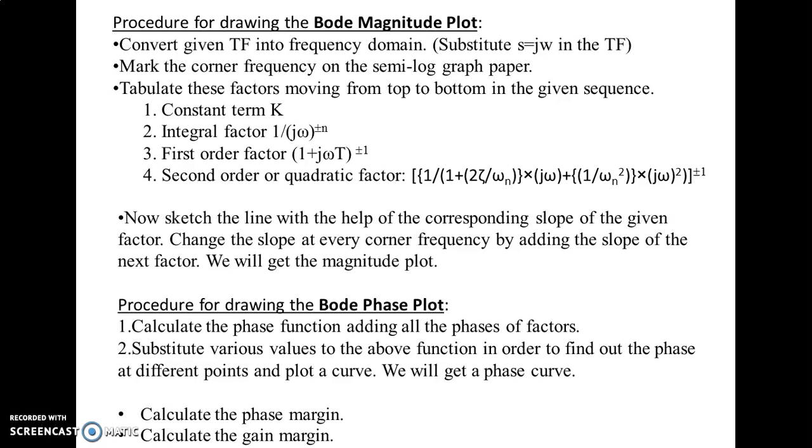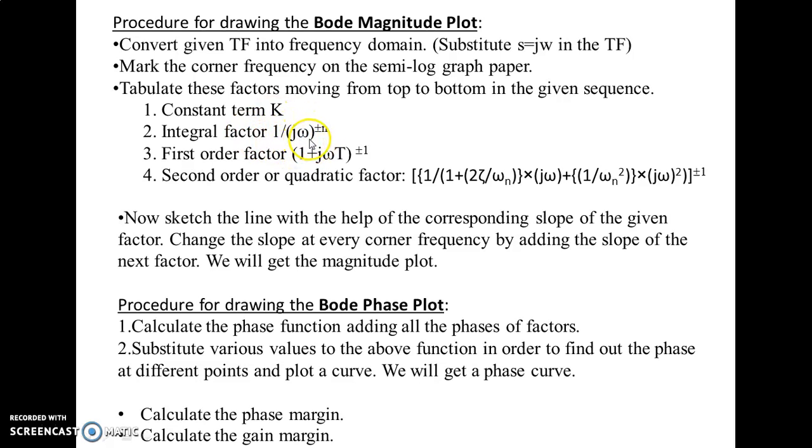After finding the corner frequencies, you need to keep the basic factors in order, moving from top to bottom in the given sequence only. First you take the constant term, then the integral factors.